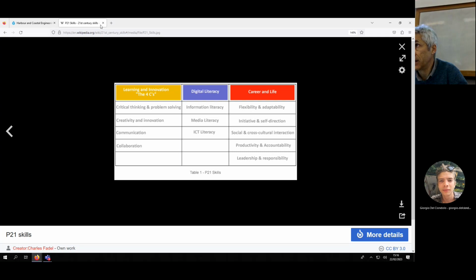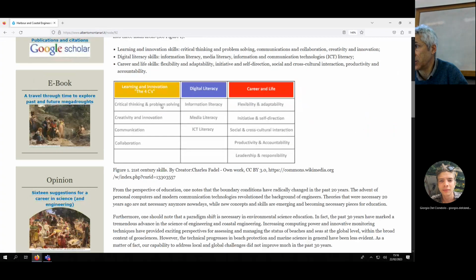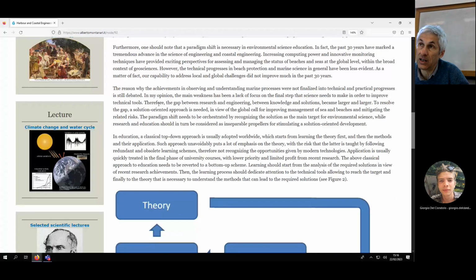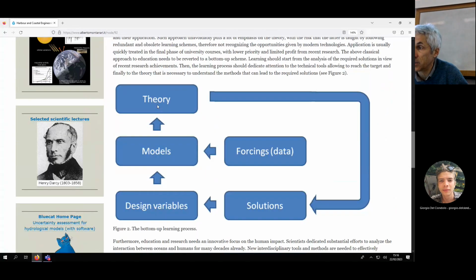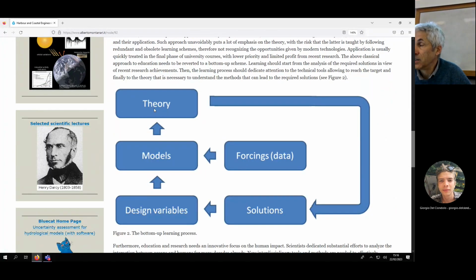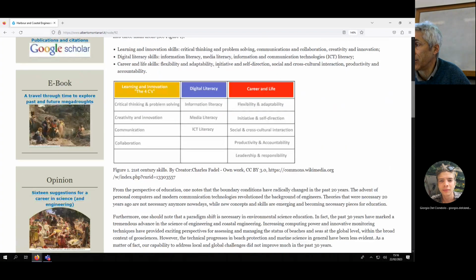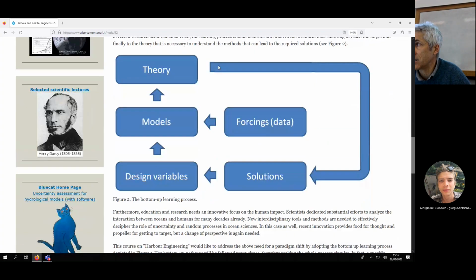So I just wanted to give an introduction on these skills because then I conclude this premise with what I think has been an evolution of teaching in engineering. In the past, we followed this scheme from the top to the bottom. In the past, engineering was taught starting from the theory. So during the first 2 years of my university course in engineering, I studied a lot of mathematics.